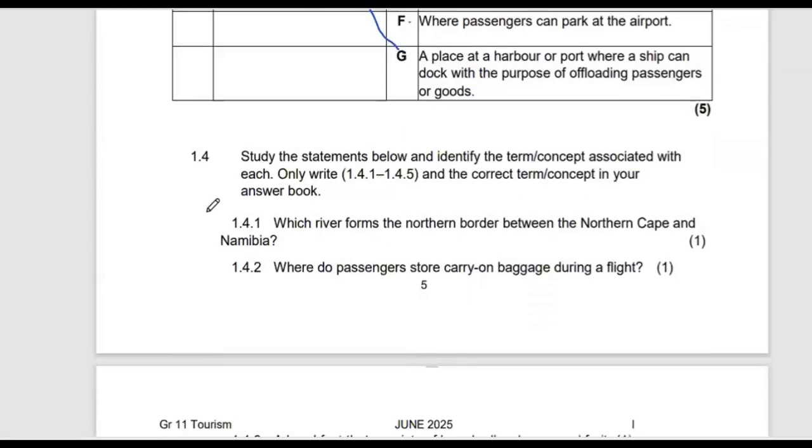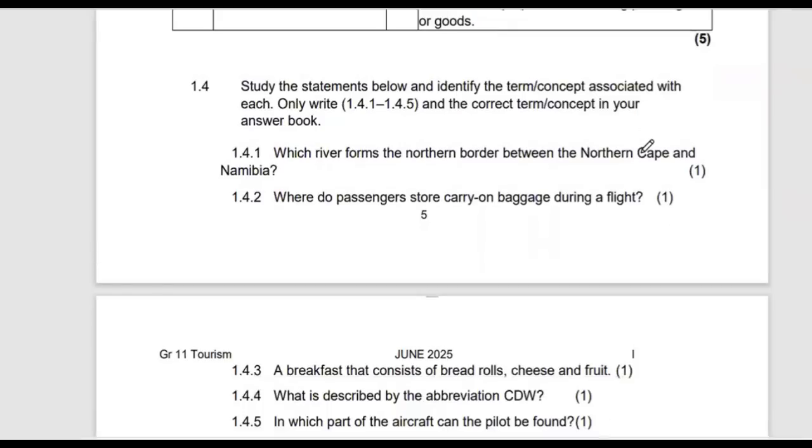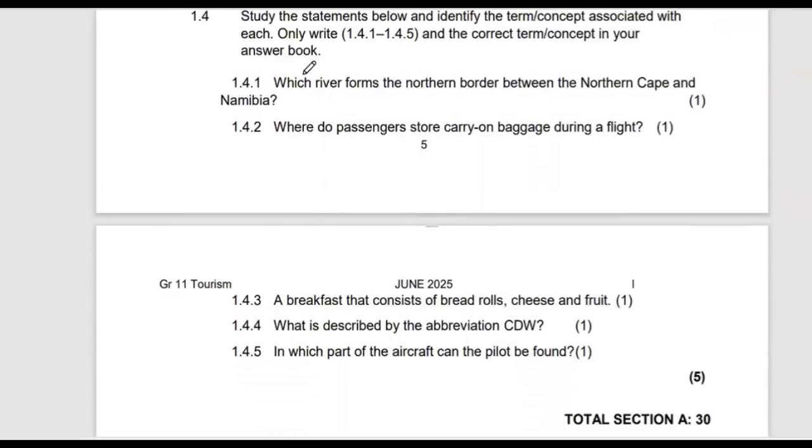All right. Then study the statements below and identify the term or concept associated with each. Which river forms the northern border between the Northern Cape and Namibia? That will be the Orange River. It forms the northern border between Northern Cape and Namibia. All right, where do passengers carry on baggage during a flight?